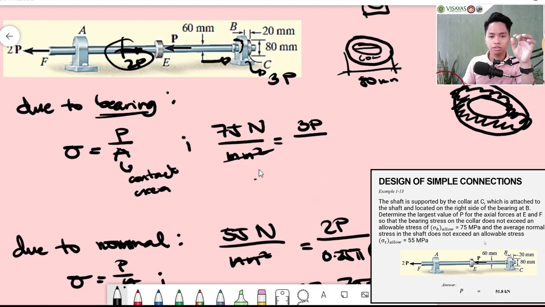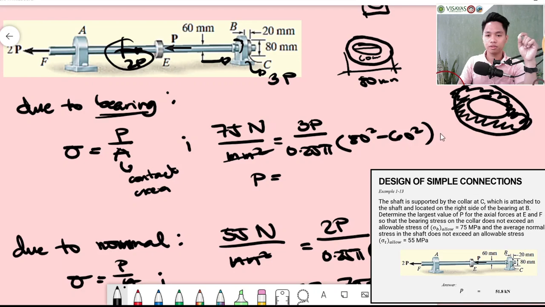Okay? So this would be your P now equal to 75 multiplied by 0.25 pi multiplied by 80 squared minus 60 squared. The unit is in mm squared. Therefore, what is the P? 75 multiplied by 0.25 pi times 80 squared minus 60 squared divided by 3.